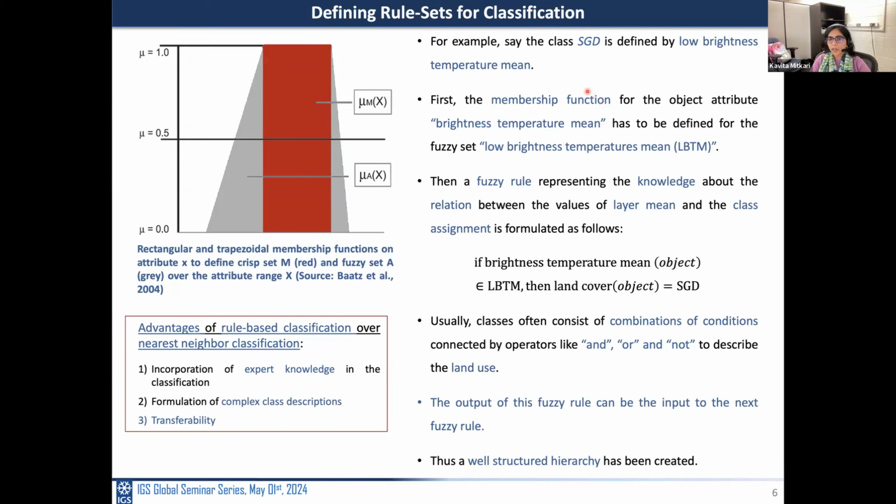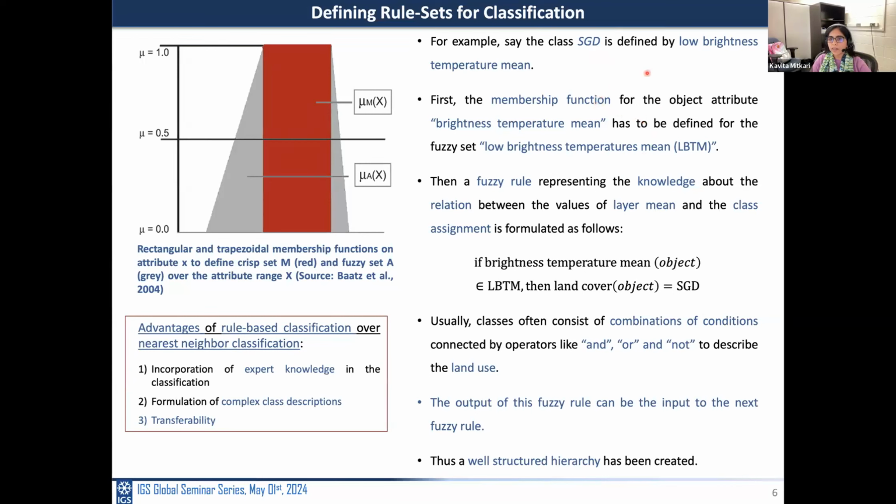I've considered an example here. Say if we consider the SGD class. As I said before, the SGD forms the glacier surface. Because of the underlying ice, it has a lower temperature compared to the non-glacier surface, say the PGD and the valley rock.